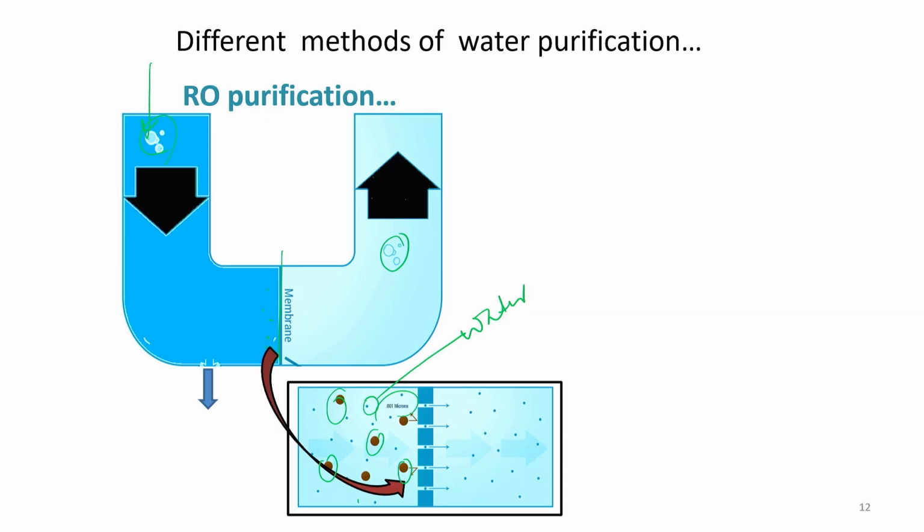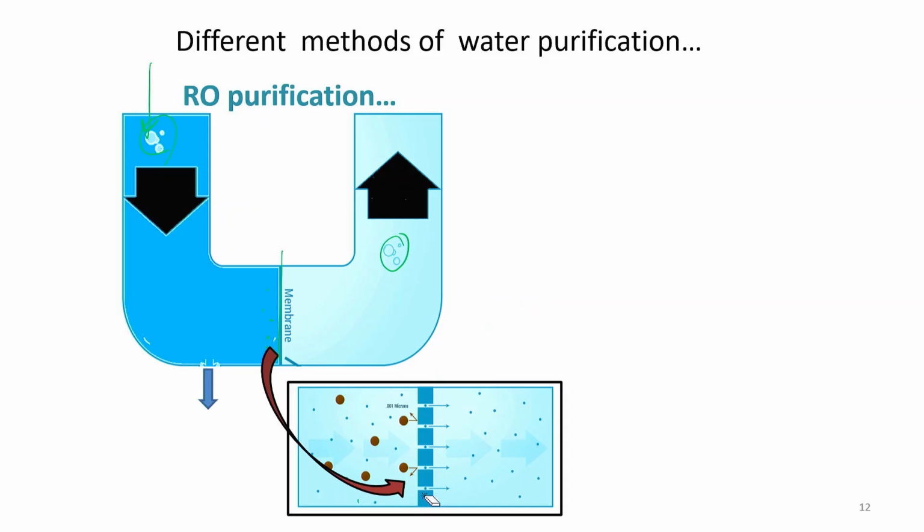We have kept the size of this RO membrane at 0.001 micron. So, it will allow the water molecule to pass through easily and restrict all other particles larger than this size.